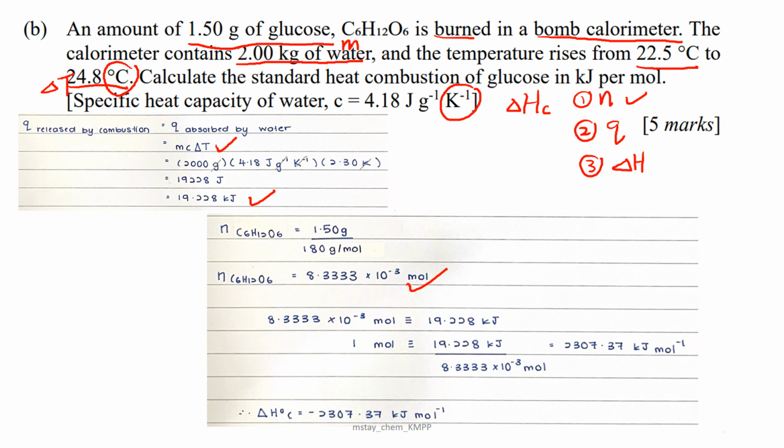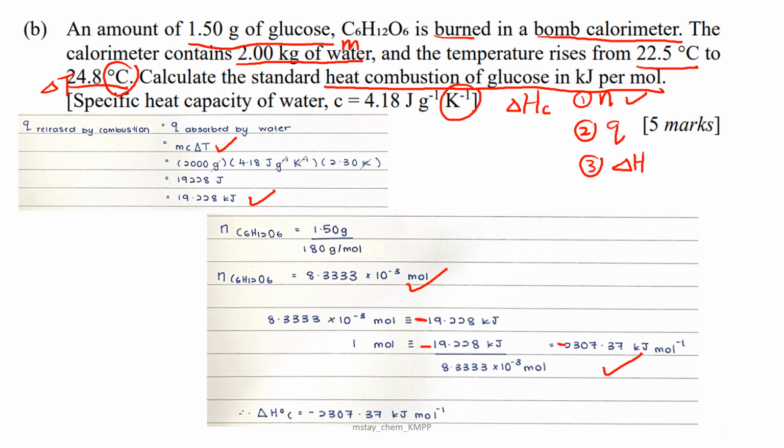Next, the question asks us to determine the heat of combustion of glucose in kilojoules per mole. That means we need to do the comparison. After you compare, you will get 2307.37 kilojoules per mole. This is the working step, but actually it's better if we put the negative sign at this comparison here.